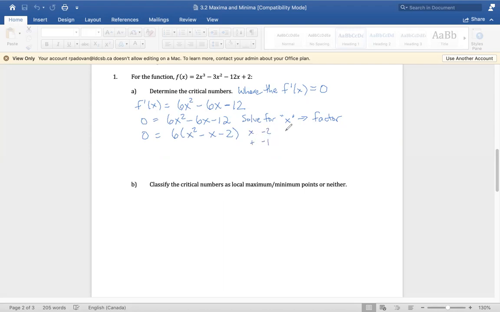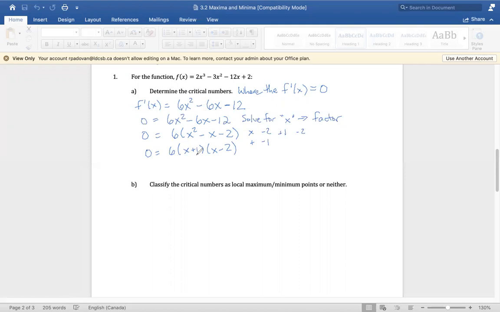The only thing that multiplies to 2 is 1 and 2. So to get the -1, have the -2 be larger and the positive be on the 1. So therefore I have my 6, and then I break that down into x plus 1 and x minus 2. That's my factored form of the derivative.